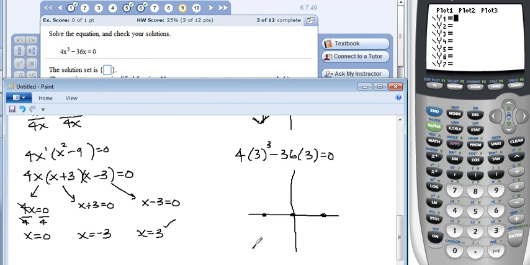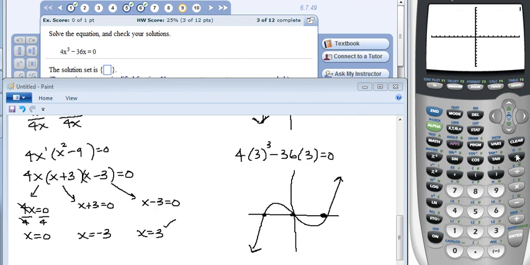So this thing is going to look something like that. This pen's harder to use than you think. Now we're going to put the original in there, 4x raised to the third power minus 36x, and I'm going to graph it.